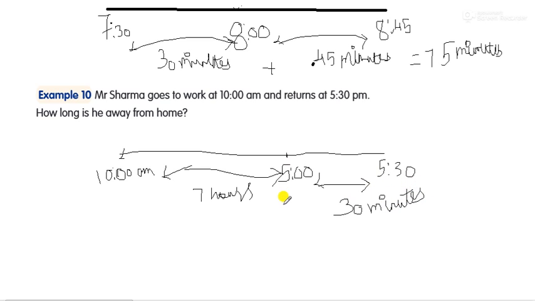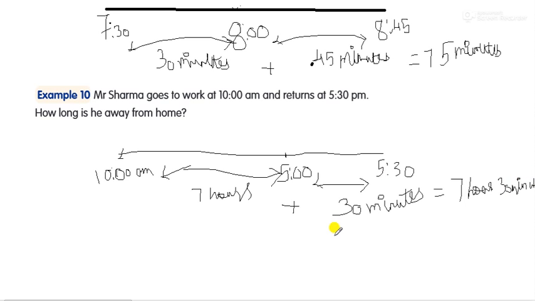Now add 7 hours plus 30 minutes, it's 7 hours 30 minutes. So how long is he away from home? He is 7 hours 30 minutes away from home.